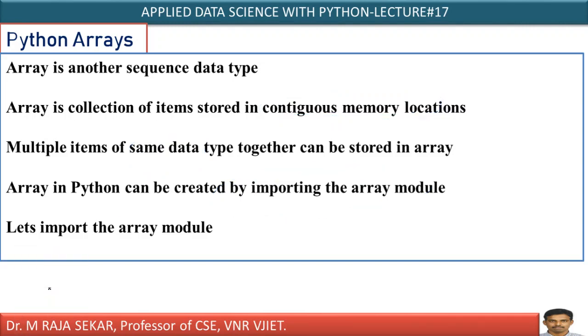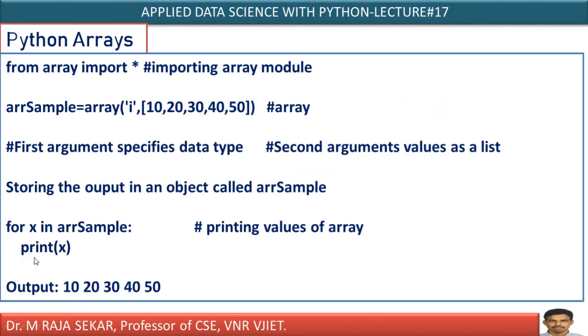Now we will try to understand how one can create an array. Consider this simple example: from array import star. What does it mean? Importing the array module. If you want to create an array, first import this array module. Array sample is an object. In array, we are passing two arguments. The first argument is the data type.